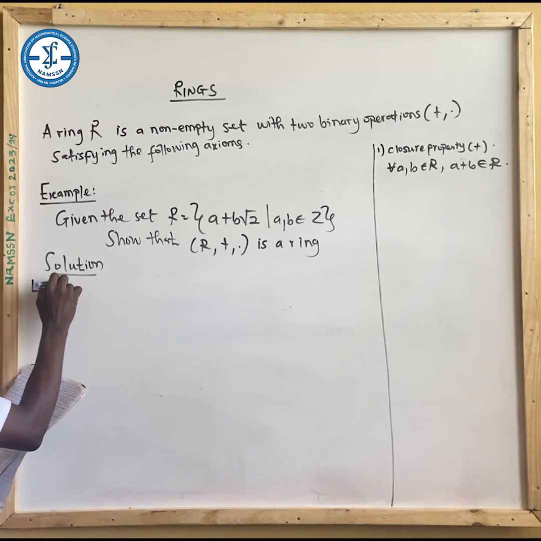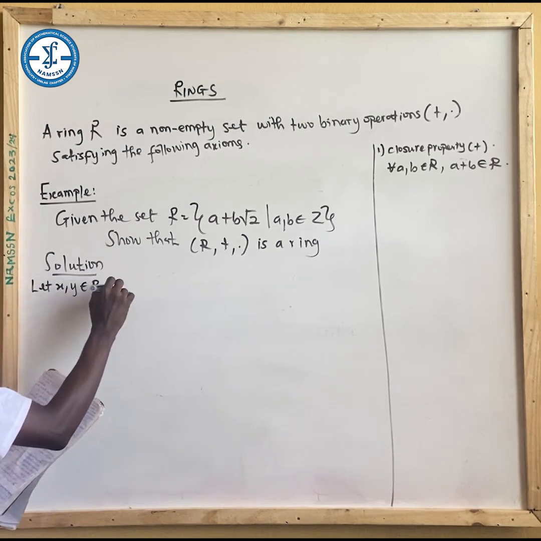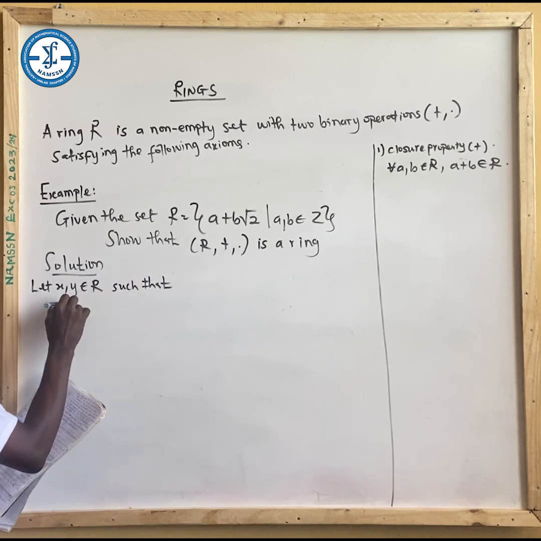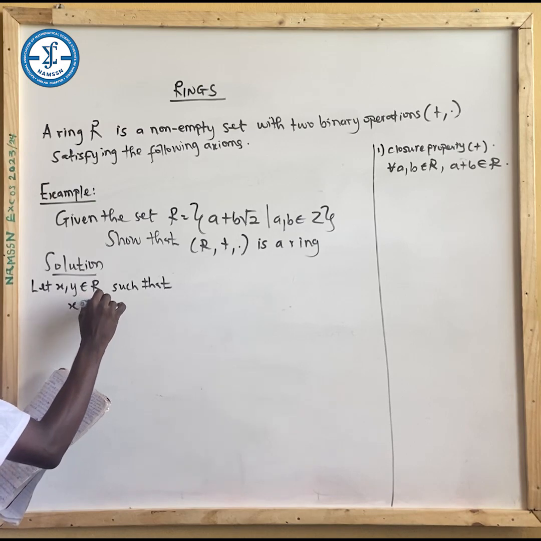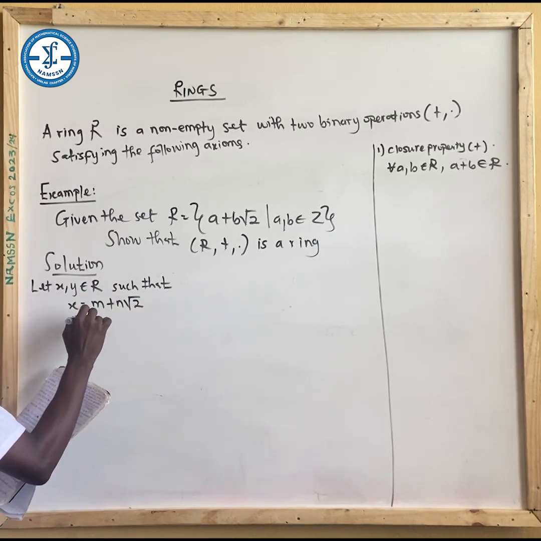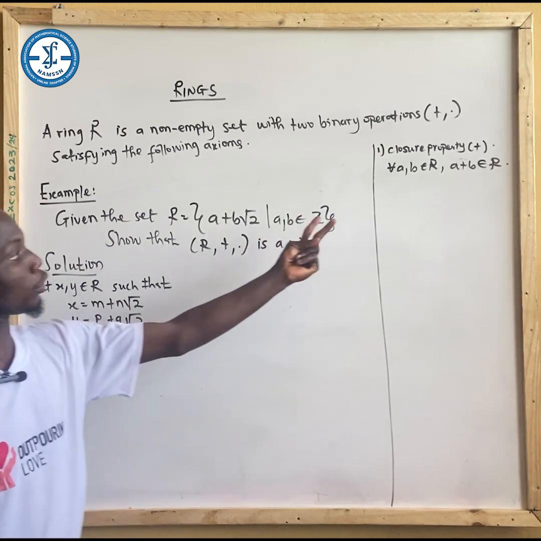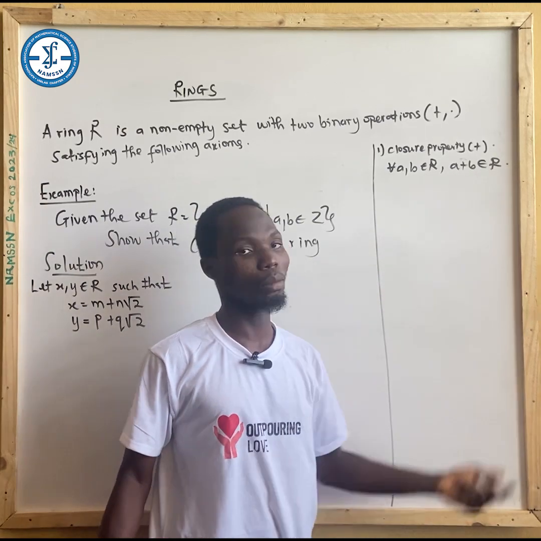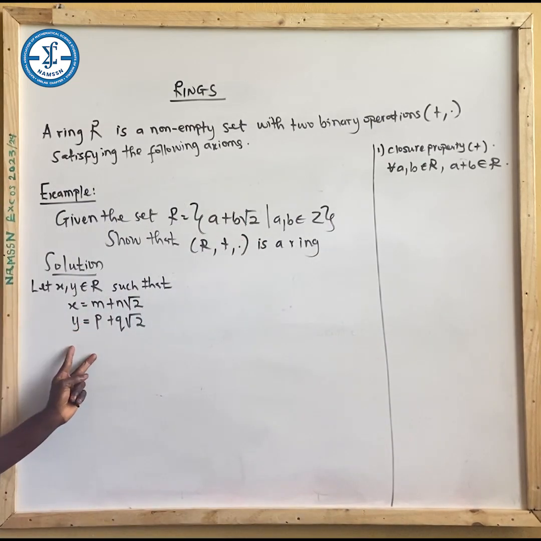Let's say x, y be members of R such that x = m + n√2, I'm going to pick another set of integers, and y = p + q√2, so that I can use this definition here: a + b is also a member of R. I need two elements, so I'm picking two elements here.